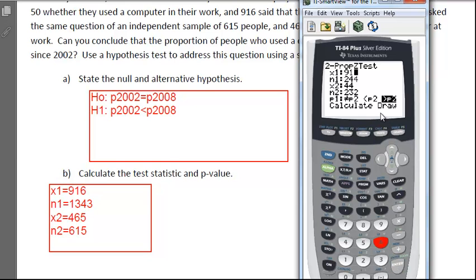So 916, 1343, 465, and 615. Okay, now our alternative has less than in it. So we want to select less than. And then just calculate.